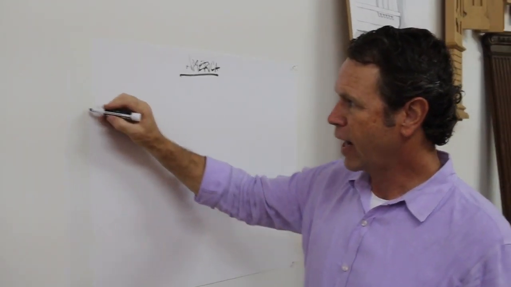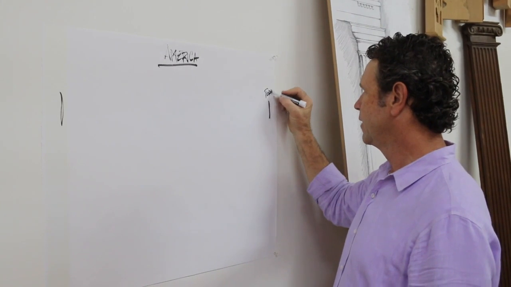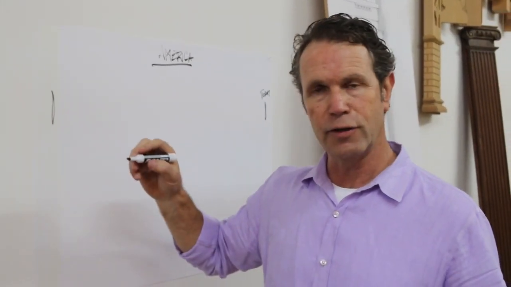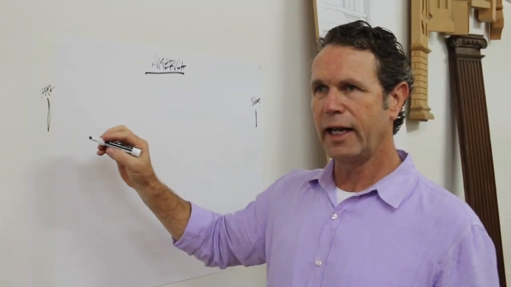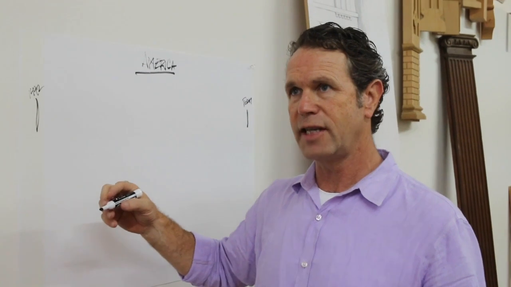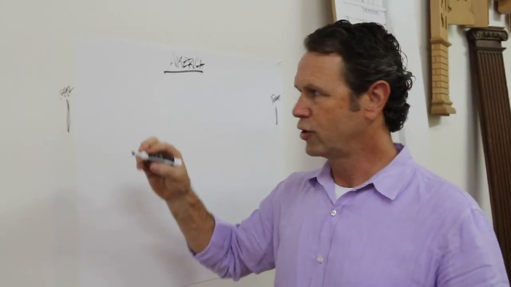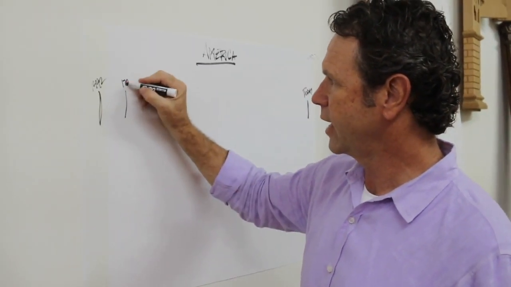Now, our time frame starts, if this is today, and this is the start, let's say this is Columbus. Columbus sailed the ocean blue in 1492. We don't really have Jamestown 1600s, Colonial Williamsburg 1700s. So let's just start at 1700.